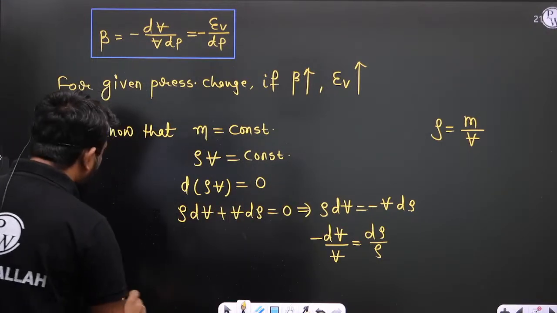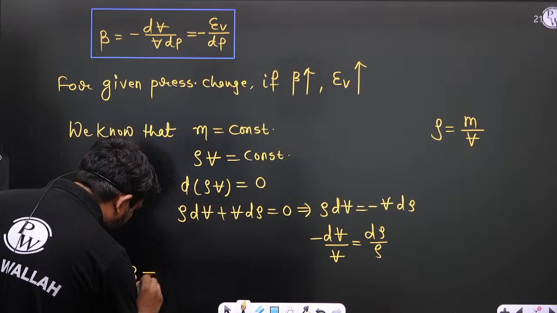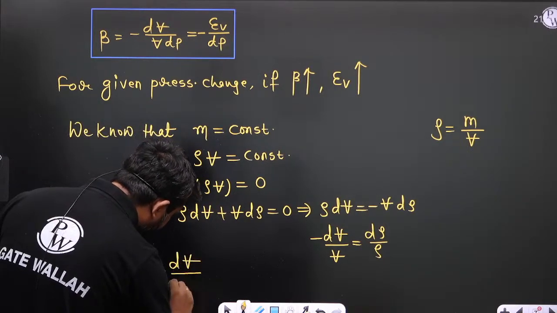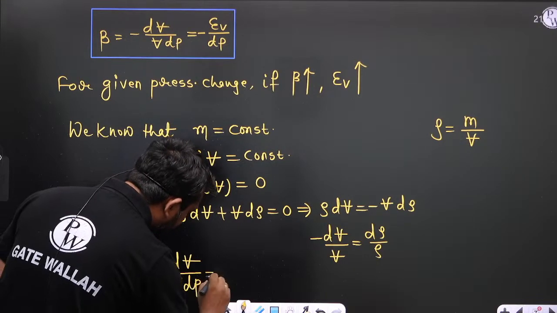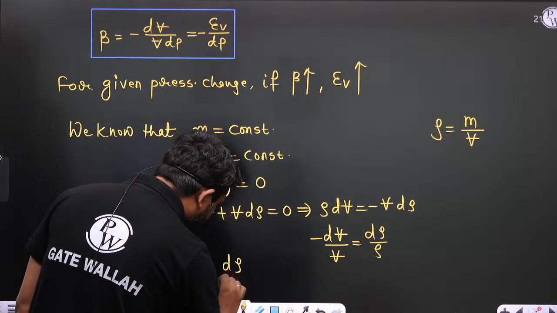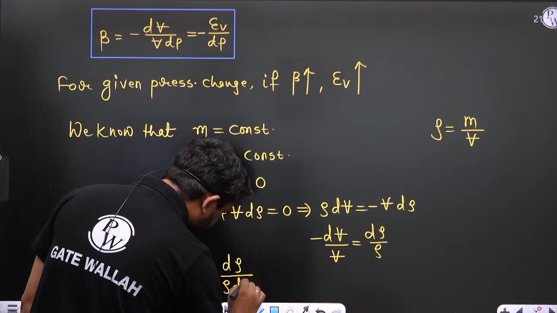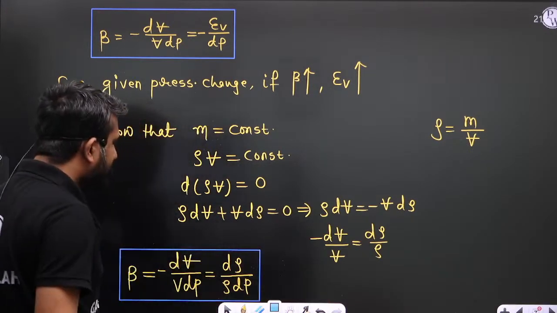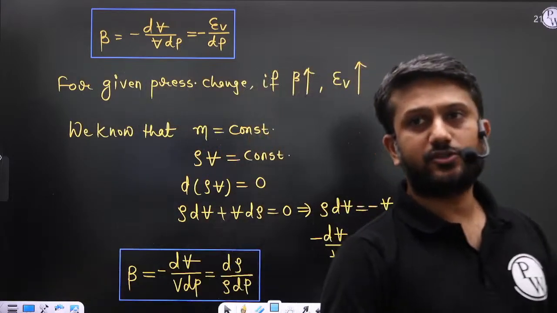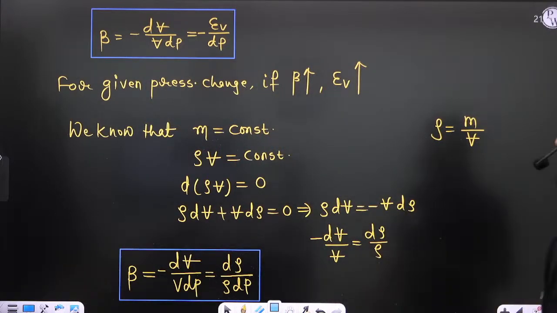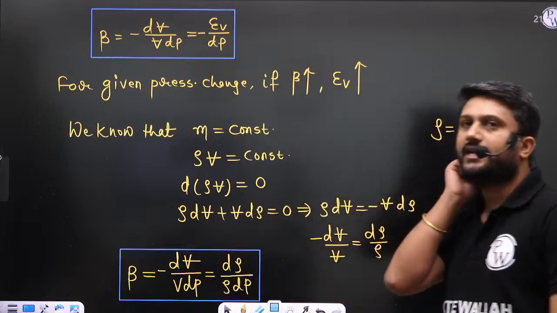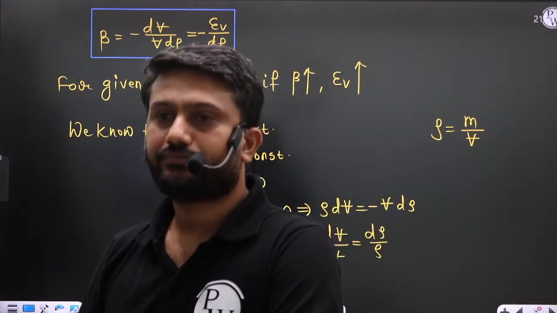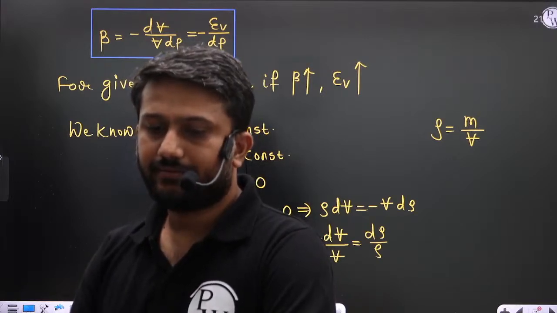So beta is also defined as minus dV by V dP, and this is also d rho by rho dP. So this is the mathematical expression of beta in terms of the volumetric strain and in terms of the relative change in density. Is it clear to everyone?